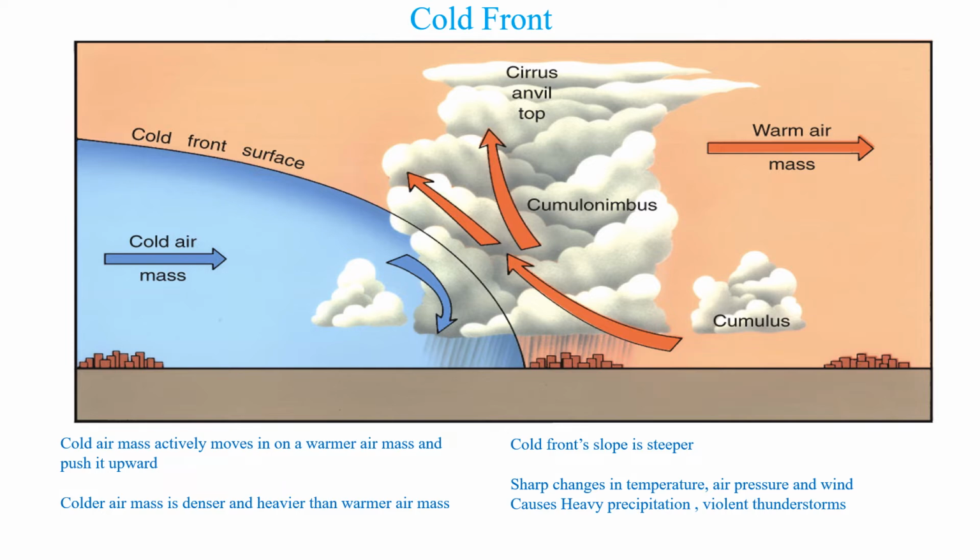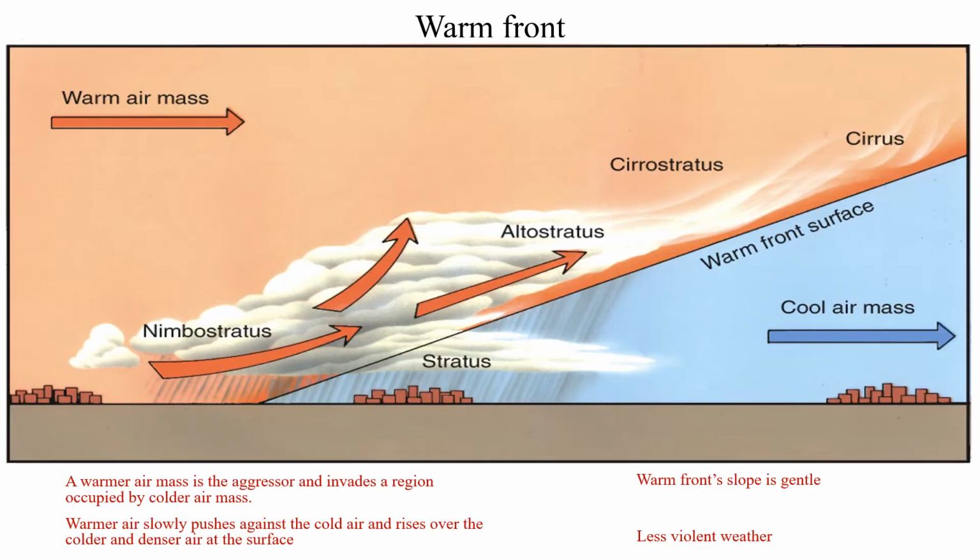Due to the sharp change of pressure and temperature, a low pressure system is created there, and that low pressure system causes very heavy precipitation. We get most of the violent thunderstorms, violent storms, from the cold front. So you need to know the basic things about the cold front. There is a question for that.